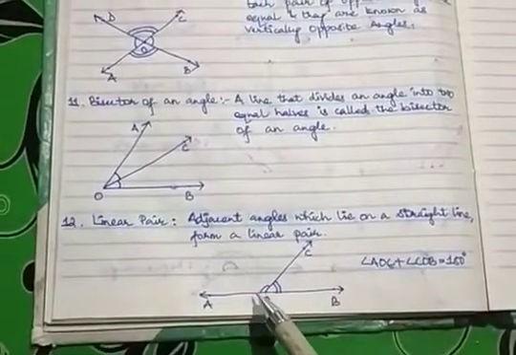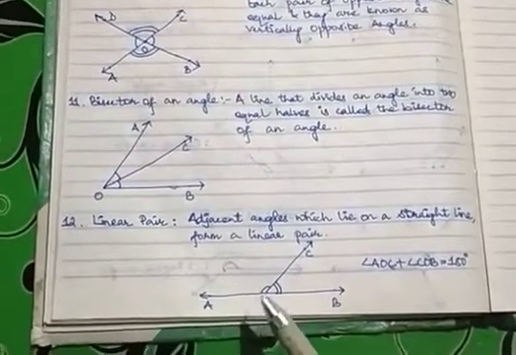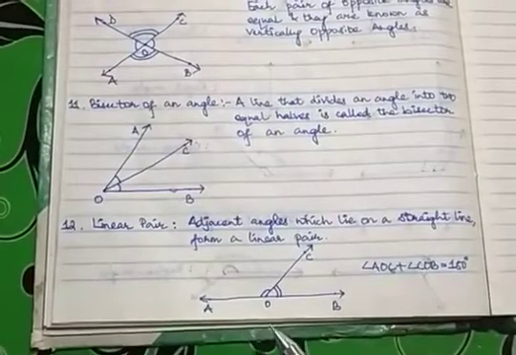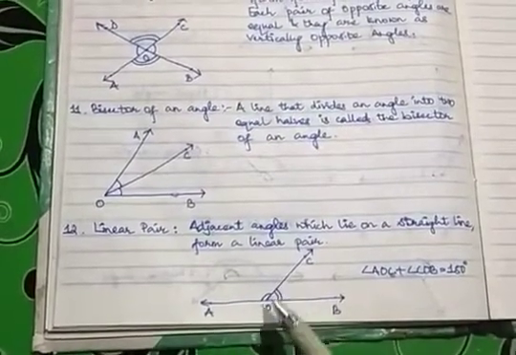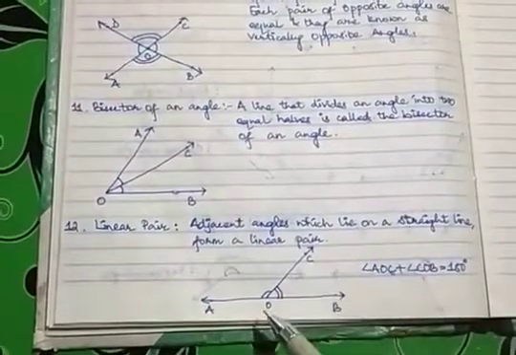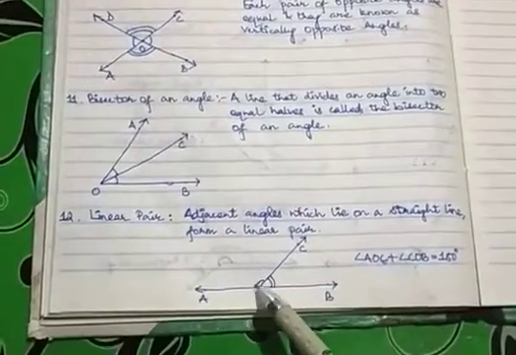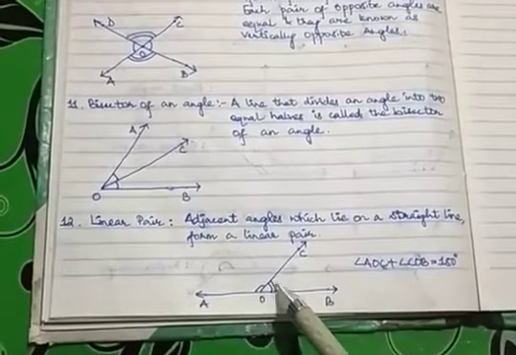That means what we know? We know that the measure of the straight line is 180 degree, isn't it? So here what we have, AOB a straight line, and we got OC a common arm for angle AOC and COB. Now these two angles are adjacent angles, isn't it? But I have drawn here one arc, two arc. That means these two angles are not equal.